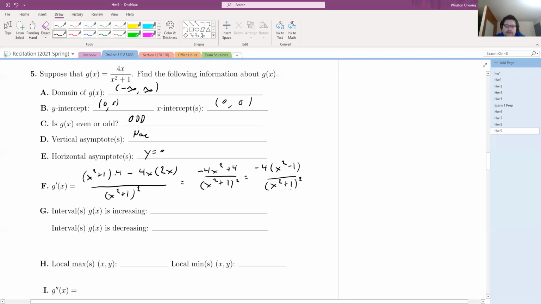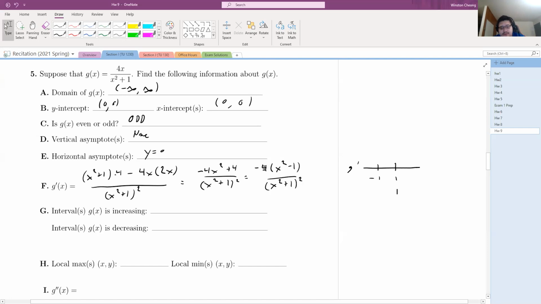Right. And then we can do a sign chart for this. So we have plus and minus 1. Those are the only critical numbers. It's never undefined, and when you set it equal to 0 and solve, you just get plus or minus 1.